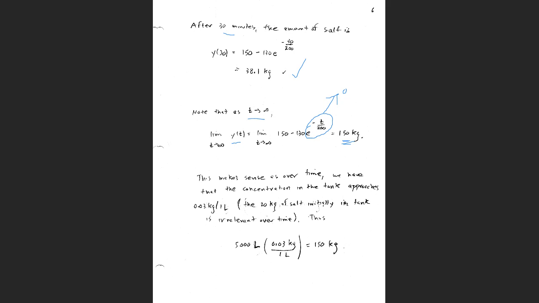So this makes sense as over time the concentration in the tank approaches 0.03 kilograms per liter, because we keep pumping that brine into the tank. The tank's going to take on the characteristic of the brine over time.